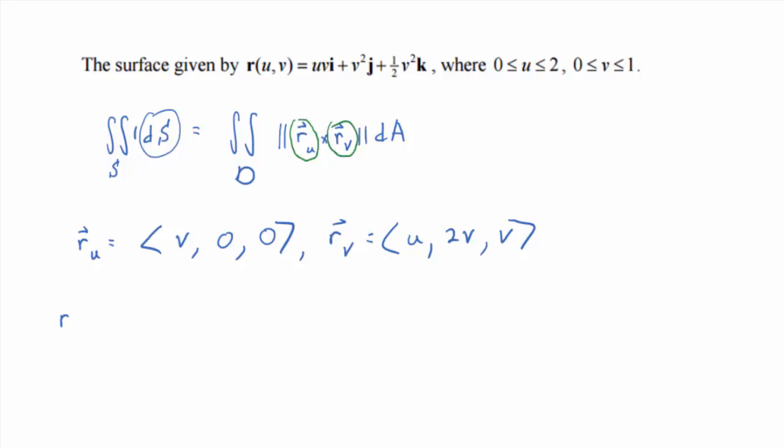So let's write out r_u. We have to find that cross product next, now that we have the partials. So, i, j, k. This is a true cross product, not the curl. What are the middle components? v, 0, 0, the components of the derivative of r with respect to u. And then u, 2v, v.